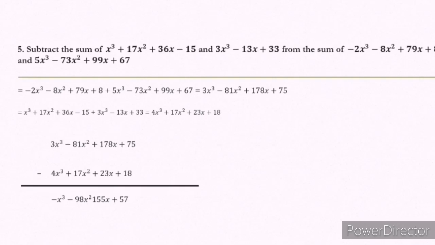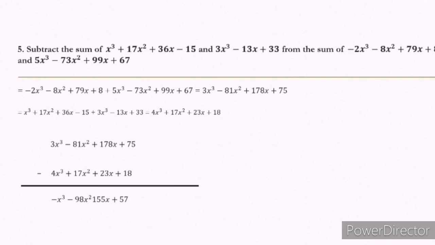Then the sum of x cubed plus 17x squared plus 36x minus 15 plus 3x cubed minus 13x plus 33. We add these two and the answer is 4x cubed plus 17x squared plus 23x plus 18.